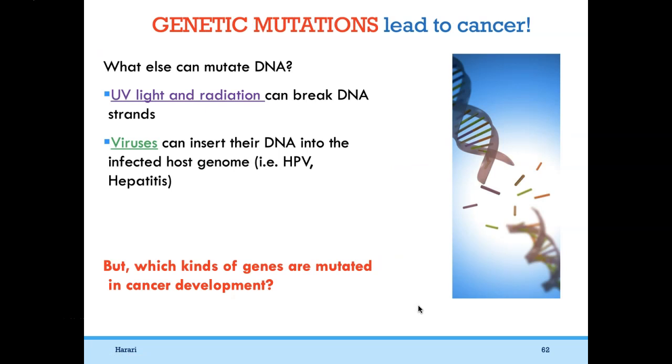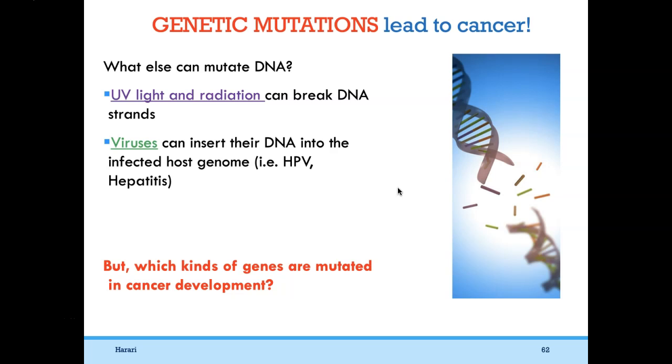So we said that carcinogens can mutate DNA, but what else? So UV light and radiation can actually break DNA strands. So UV light from sun tanning, especially in a sun tanning bed, that UV light can break your DNA. Radiation, we said, is a form of radioactivity that can be used to directly damage DNA.